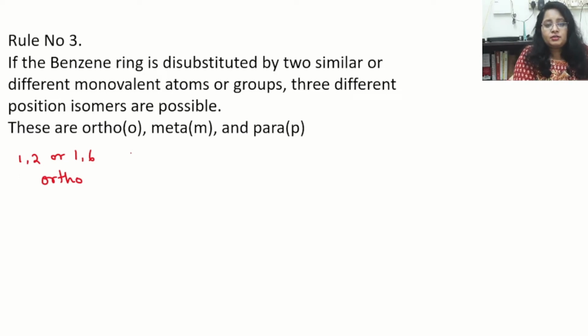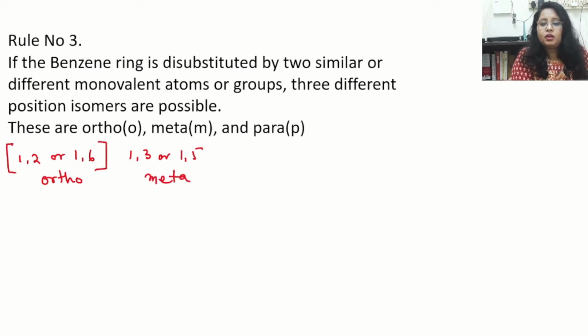If the position is 1, 3 or 1, 5, this is the position of the substituents on the benzene ring, then the compound is called meta. If the position is 1 and 4 carbon, meaning one substituent is on carbon number 1 and the other substituent is on carbon number 4, this condition is called para.